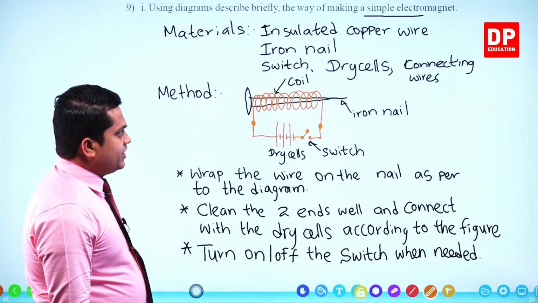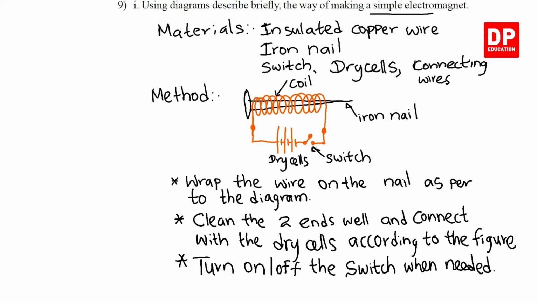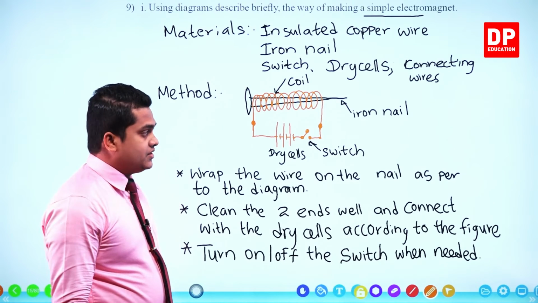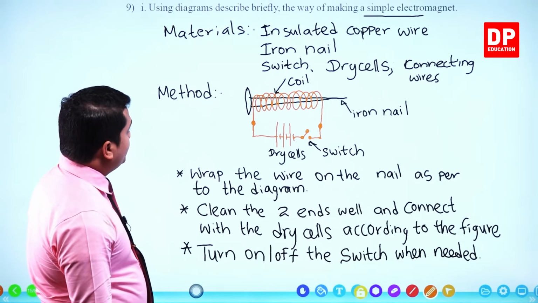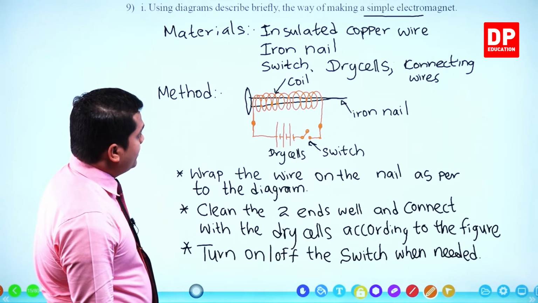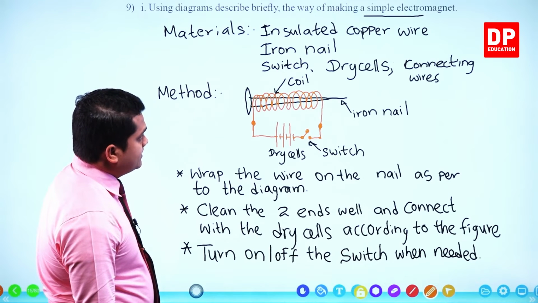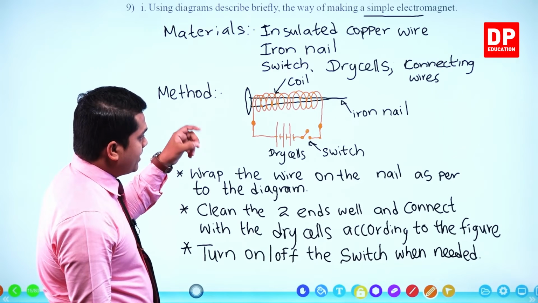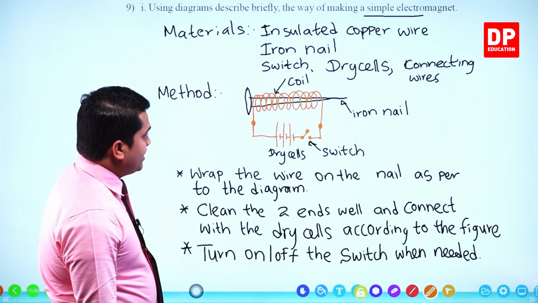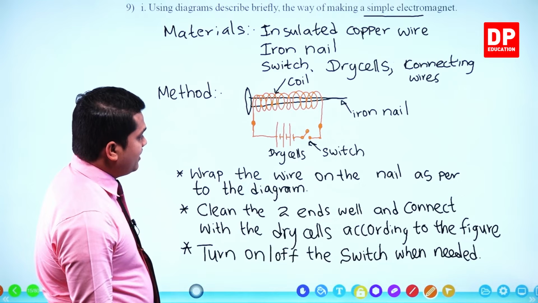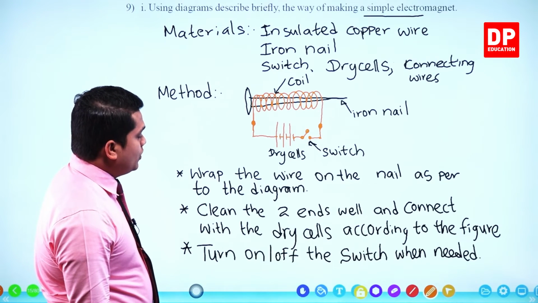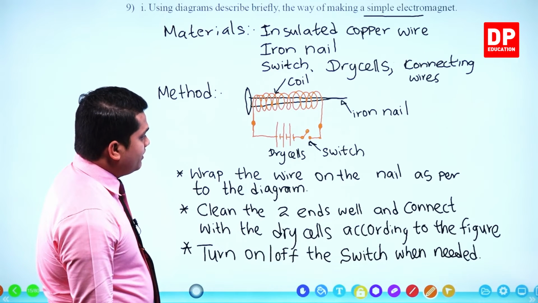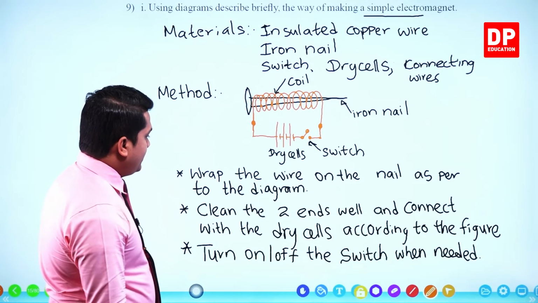So it's really simple, my dear children, how to make a simple electromagnet from these materials. You'll be needing insulated copper wire, iron nail, a switch, several dry cells, connecting wires. First of all, you have to make a coil, by wrapping the wire around the iron nail. Then we have to connect the two ends of the coil with the dry cells according to the given figure through the switch, right?